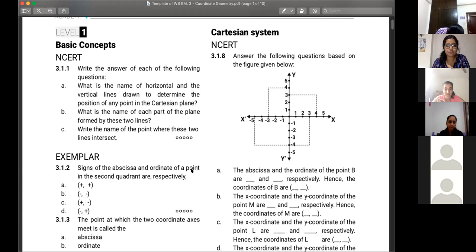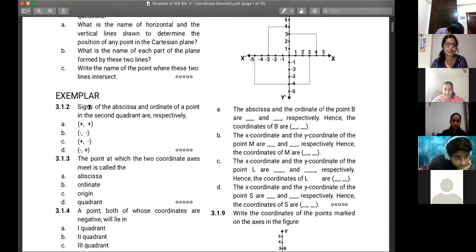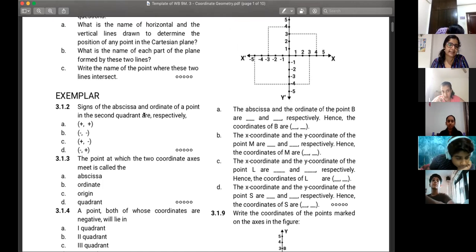Aryan, where did you go? Yes, ma'am. So 3.1.2. Signs of the abscissa and ordinate of a point in the second quadrant are. Work it out, send it. In the meantime, others can send over chat. Just ensure you're sending it on private chat, okay?